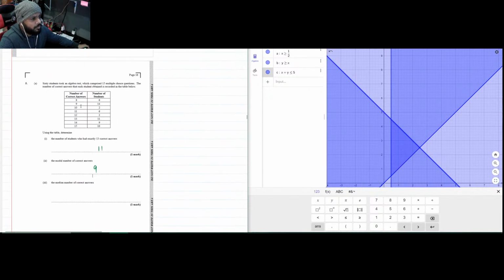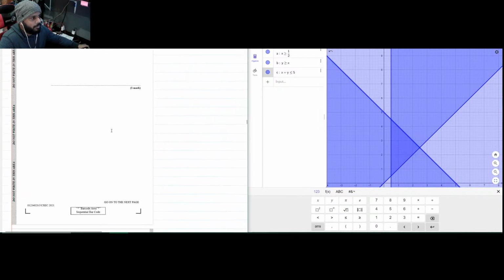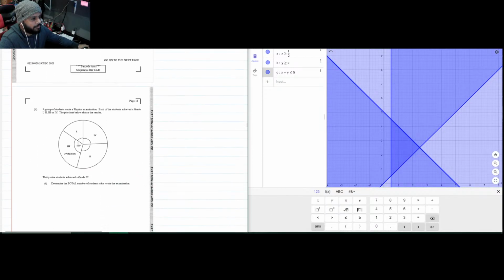So how many students had 12 or more answers correct? It will be 2 plus 11 plus 9 plus 10, all over 60. Let me just check and see what the next one is here. Right, pie chart, easy peasy lemon squeezy.